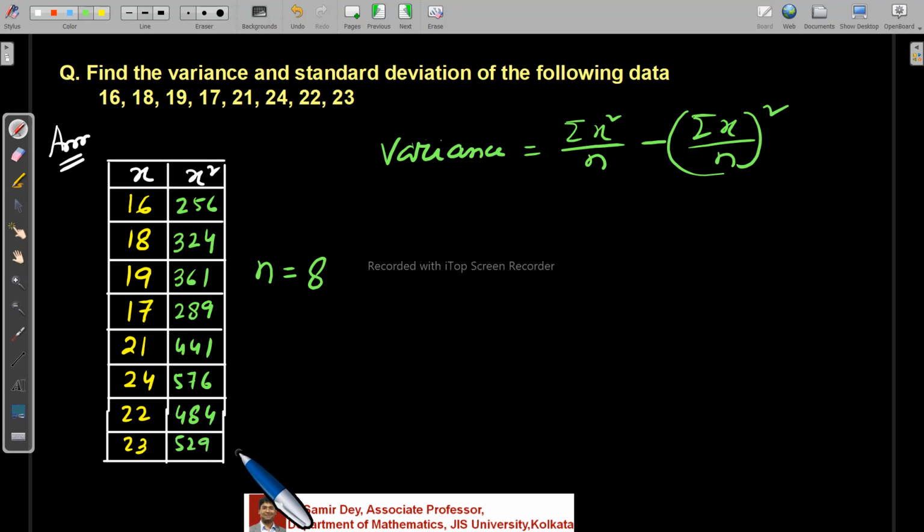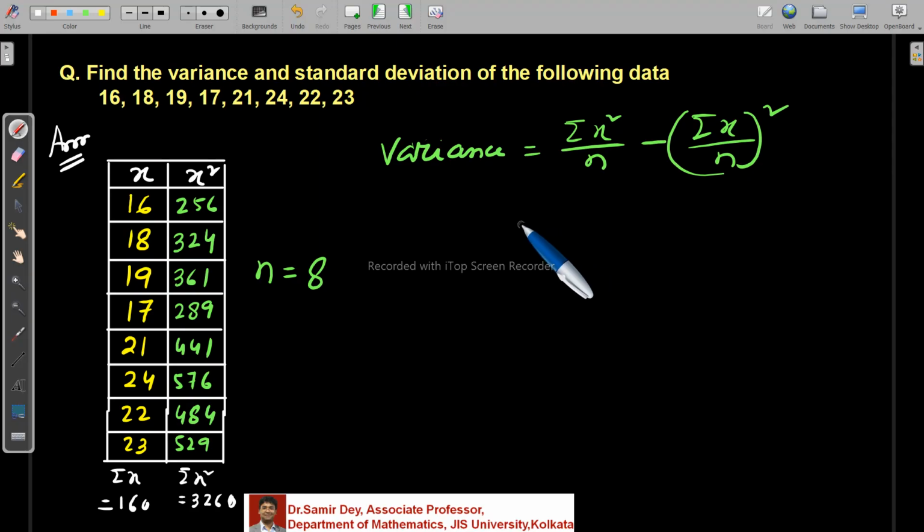Okay, so now you need to calculate summation x and summation x square. Summation x, if I add all together, is coming 160, and summation x square, if I add all together, is coming 3260.